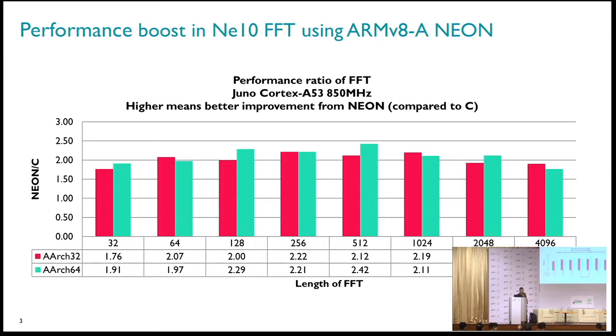The vertical axis is the performance ratio of neon to C. For example, the red bar here is 1.70, and it means the code after neon optimization is 70% faster than the pure C version. And higher means the neon code is faster.